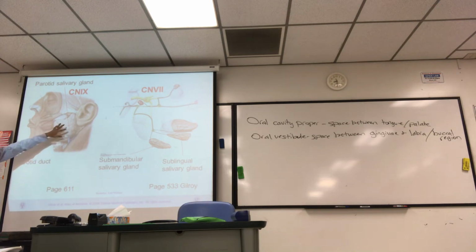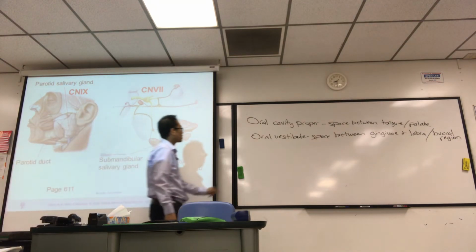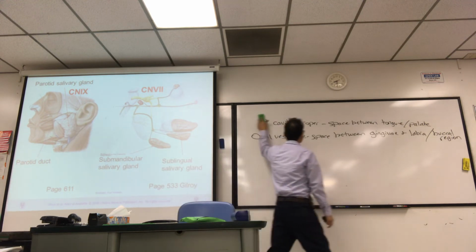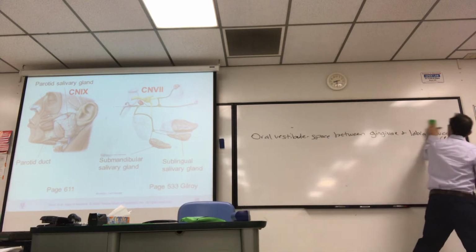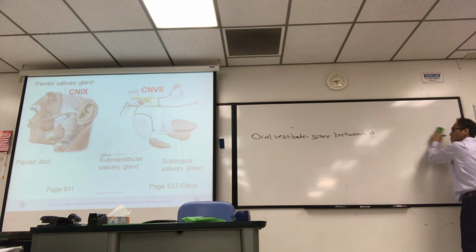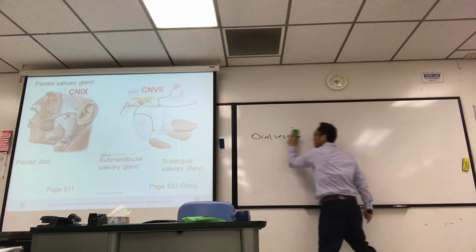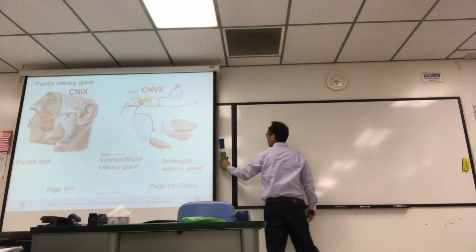The parotid is superficial, on top of some of the muscles, and the duct has to pierce the buccinator to get in the oral cavity. And they empty around the second molar of your upper jaw. So, salivary glands.